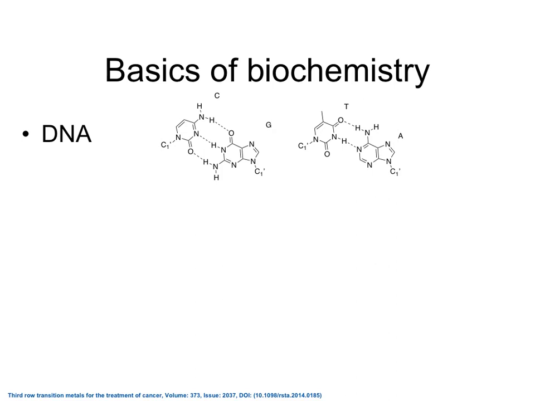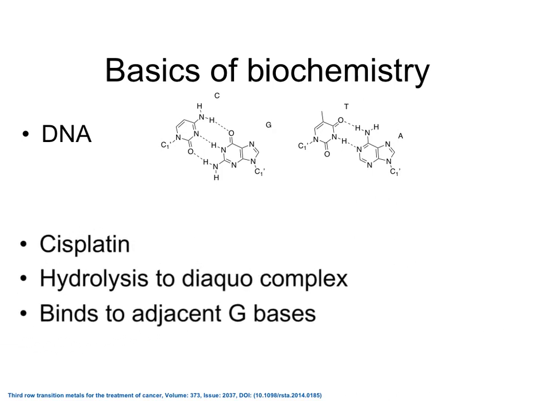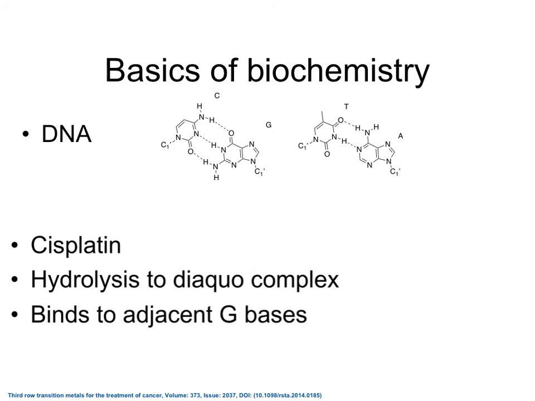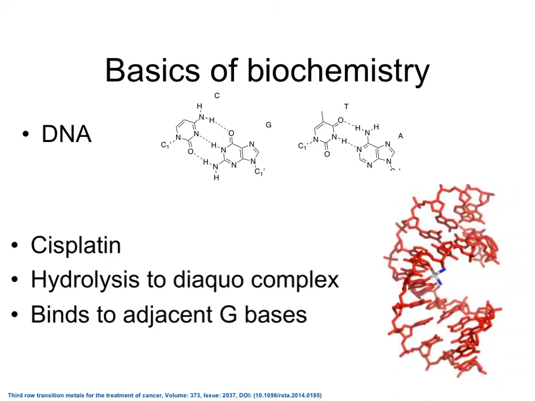And this is the basis for cisplatin, which is an extremely powerful anti-cancer drug. Most anti-cancer treatments use a platinum-based drug, at least at some point during the treatment. And it's because the platinum, when it binds to the DNA, causes a significant, severe kink in the DNA.